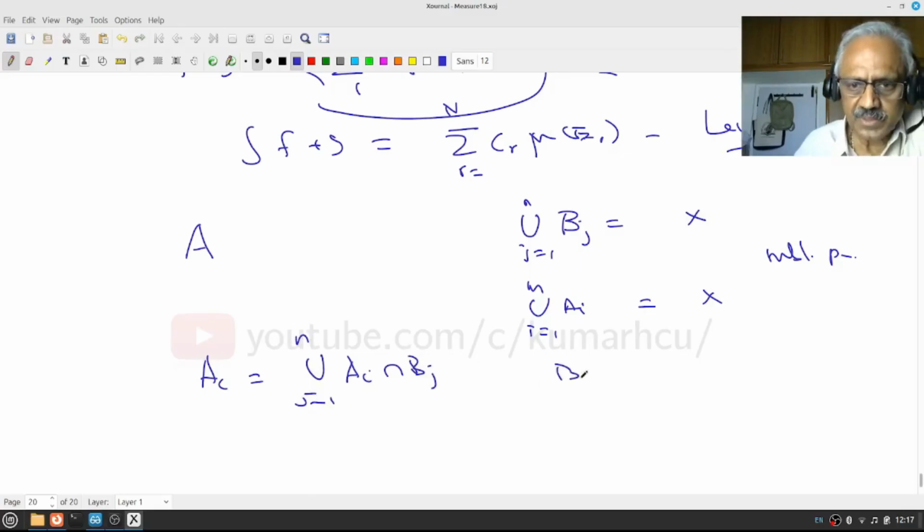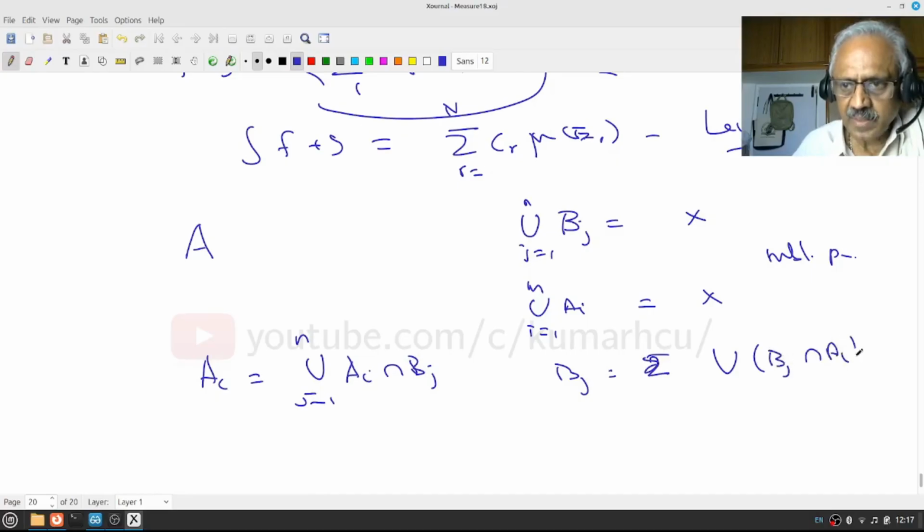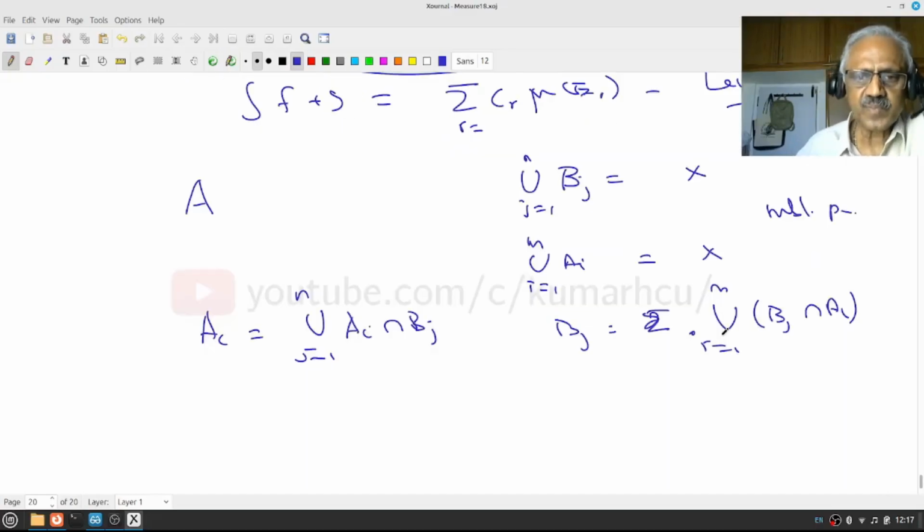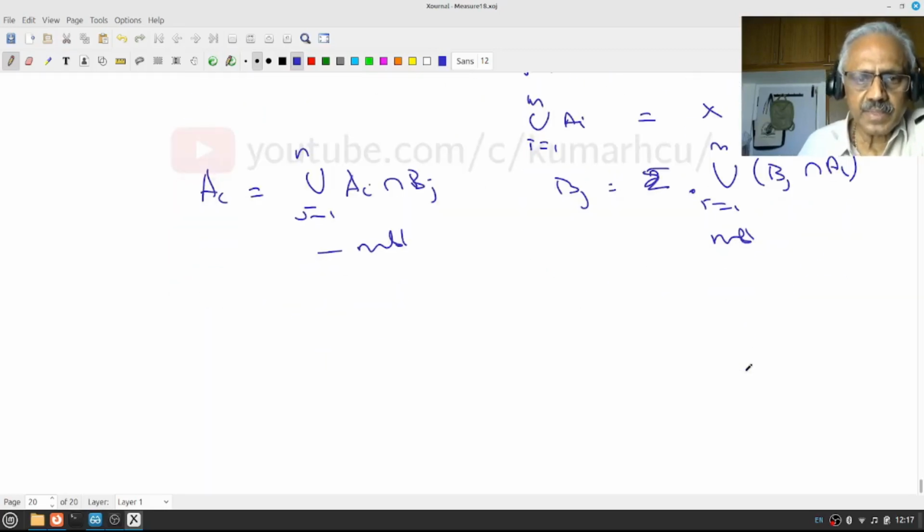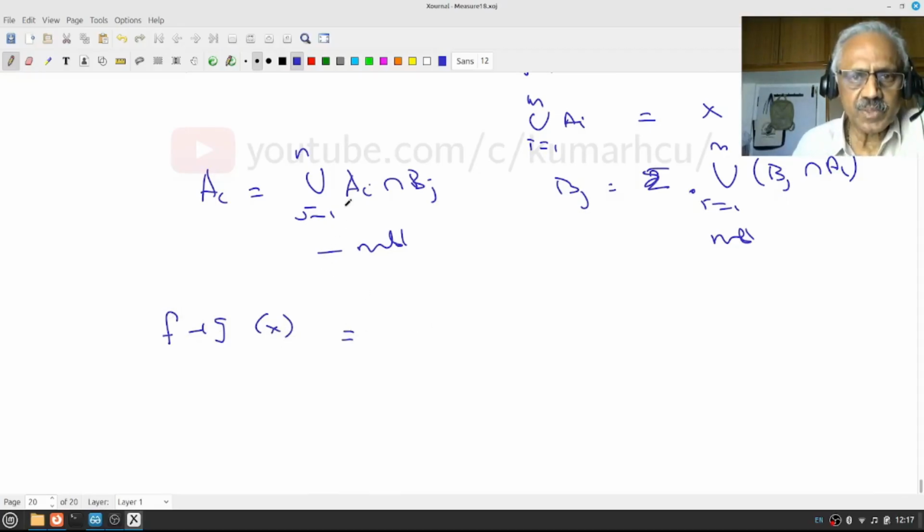And similarly B_j is the union of B_j intersection A_i, i running from 1 to m. And these are all measurable partitions. So I want to write f plus g of x in terms of these things.